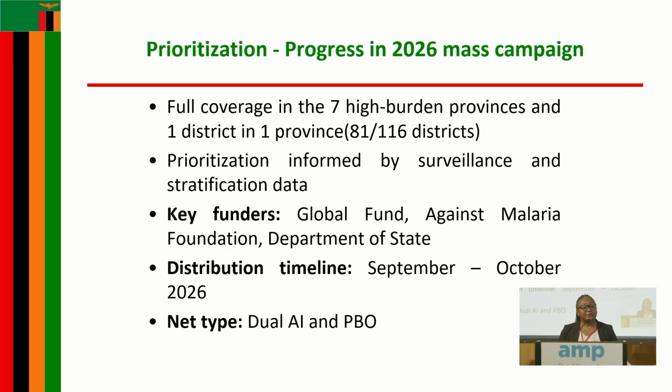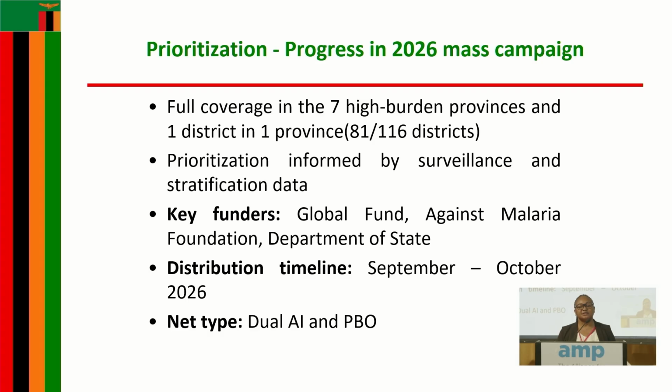So for the campaign this year, like I earlier mentioned, we're doing our campaign in 7 high burden provinces, with one province where we're targeting only 1 district. So it's 81 out of 116 districts. Our prioritization is basically informed by surveillance and stratification data.